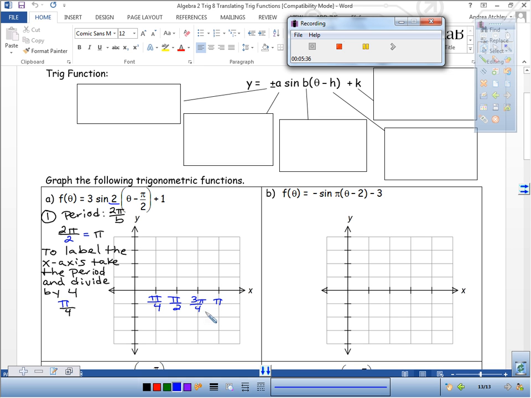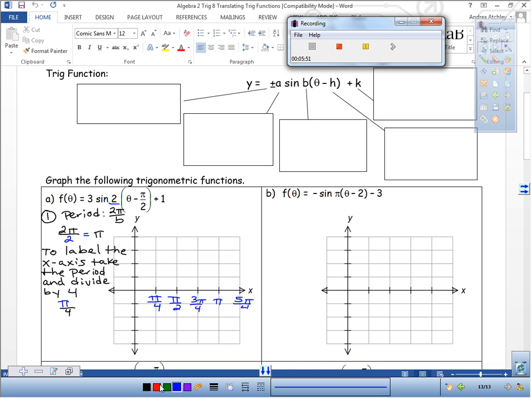Then I add another pi over 4. So 4 pi over 4 plus another pi over 4 is 5 pi over 4. Again, I'm not going to stop at the period this time because I'm going to shift my graph left and right. So I kind of want to model it all the way to the end. Any questions over that?